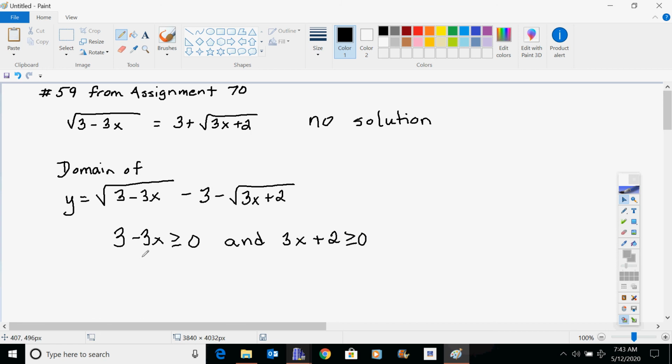So we can do a little quick solving here. It's going to be negative 3x is greater than or equal to negative 3. Don't forget, when you divide by negative 3, it turns this over, so x is less than or equal to 1. And x is greater than or equal to negative 2/3.